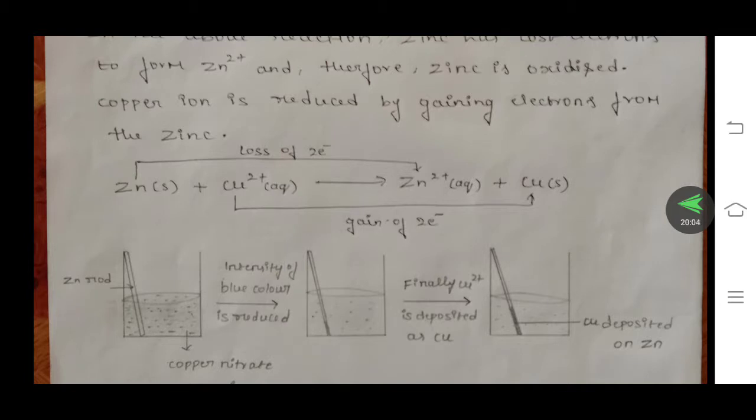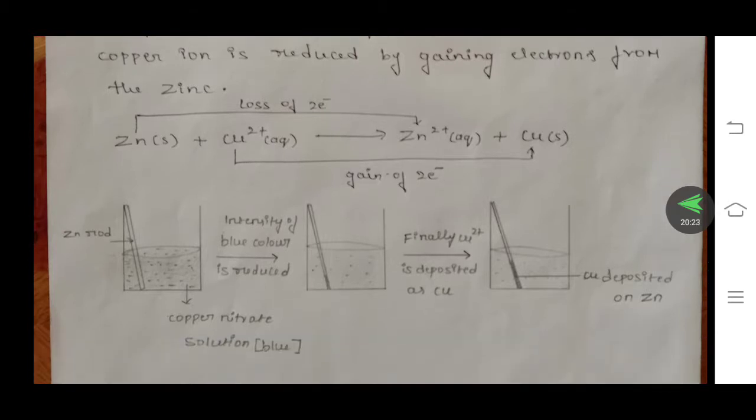Copper, from left side to right side, Cu2+ aqueous gives Cu solid. So the copper 2+ ion gains 2 electrons, and after gaining 2 electrons, Cu2+ is converting into Cu solid. Now this is a simple experiment showing the same reaction.